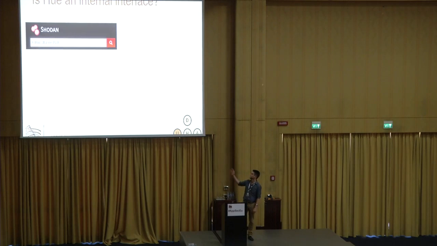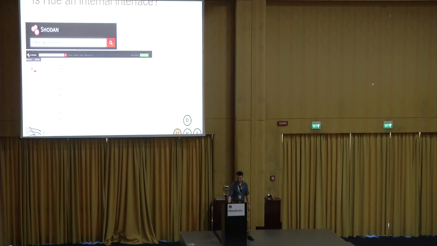But if you look on Shodan for Hue-specific HTTP headers, you find that there are hundreds of Hue interfaces publicly accessible from the internet. So actually, that's the first fail, because the network access to these interfaces should be really restricted.